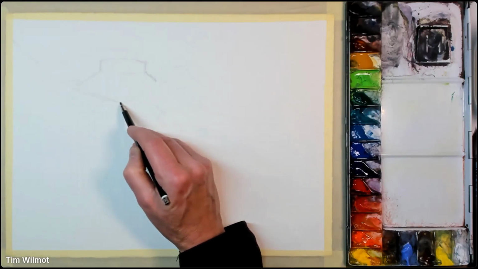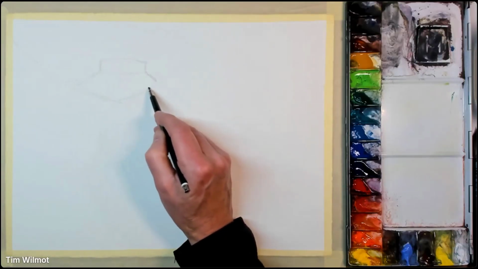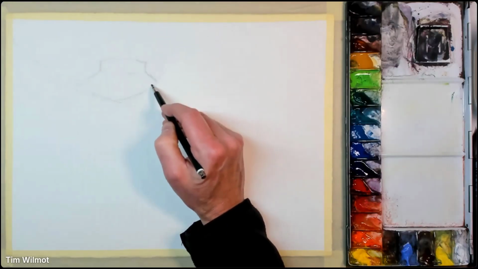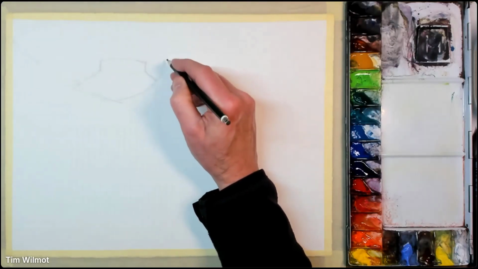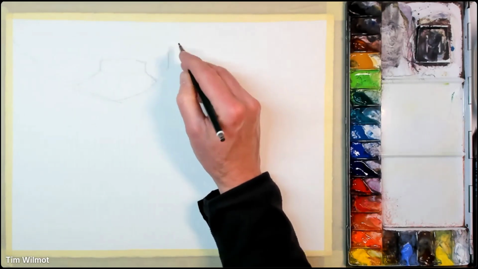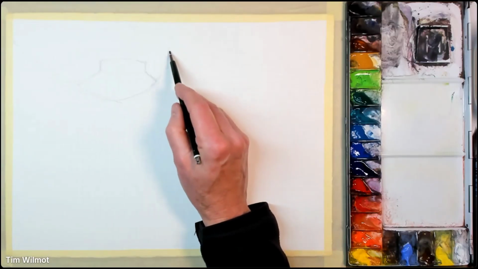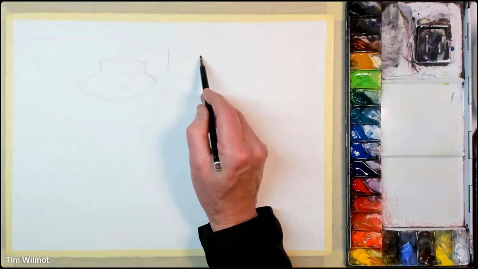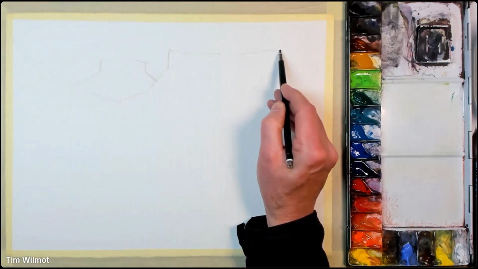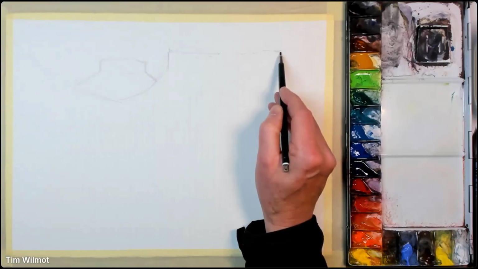Coming closer towards us, we've got the nearby mesa, and the left-hand side of it, the flattish top, over to the right-hand side.